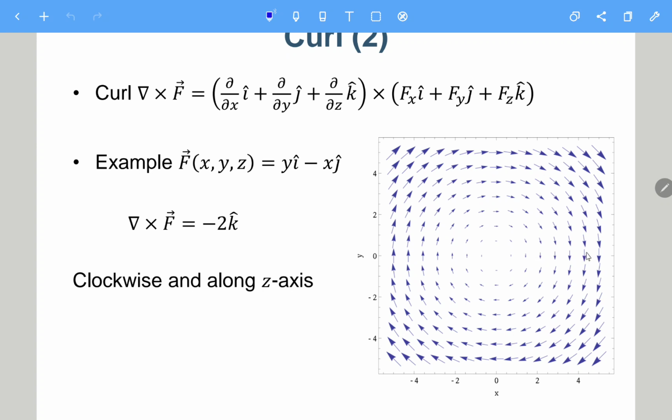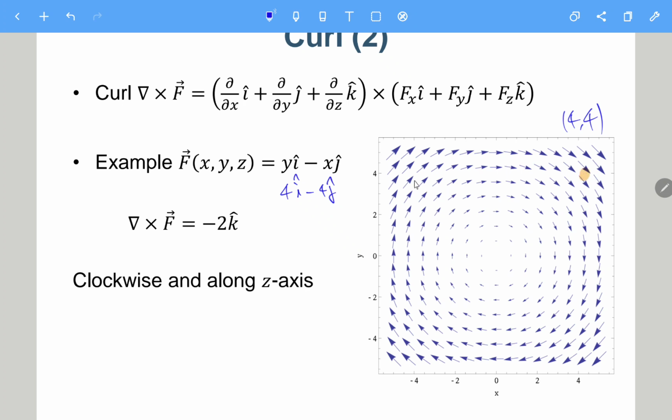And then, for example, at this point, which is 4, 4, we plug in 4, 4 here, which becomes 4i minus 4j. 4i is pointing to the right side, minus 4j is pointing downward. So it becomes pointing to the bottom right.